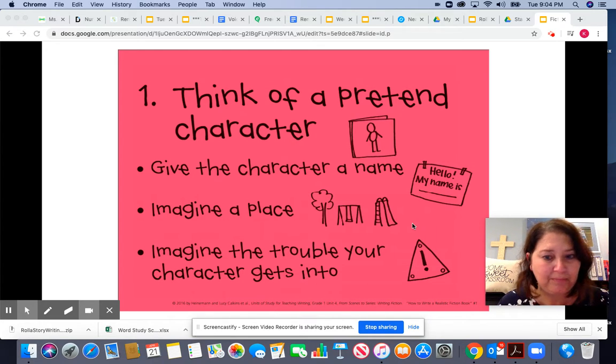Give them a problem. Okay. Remember, every book that you write, okay, should be a small moment, okay, about your character with a problem and a solution by the end.